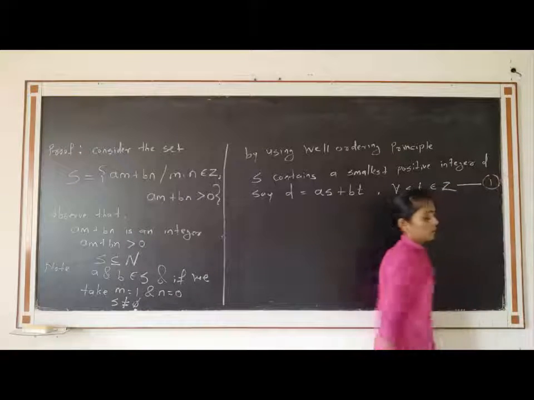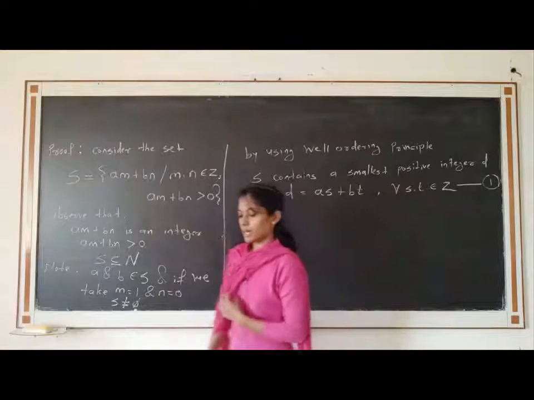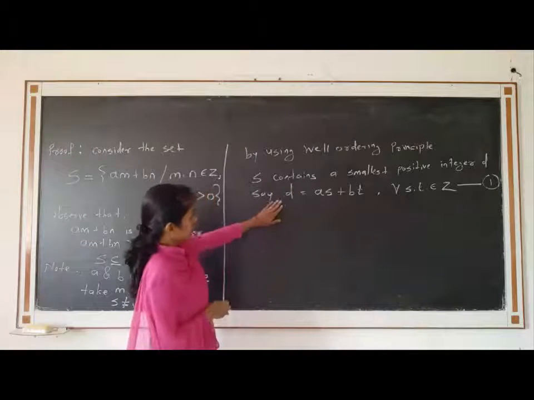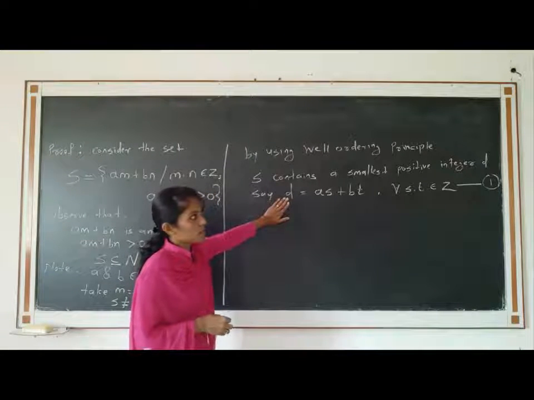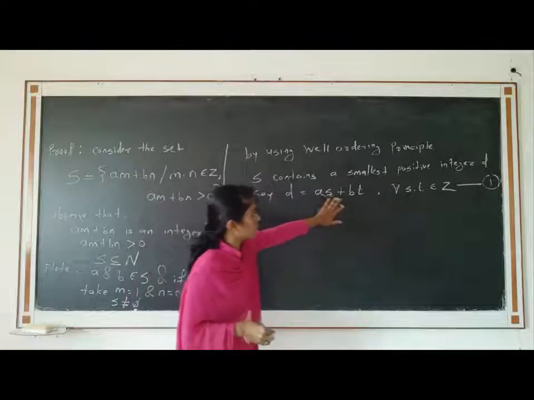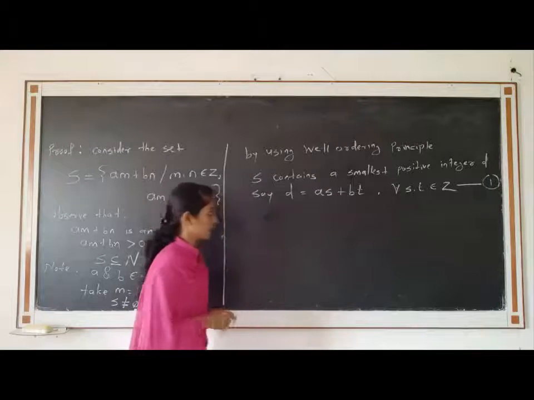Now here, by using well ordering principle, we get a smallest positive integer D of the form AS plus BT.